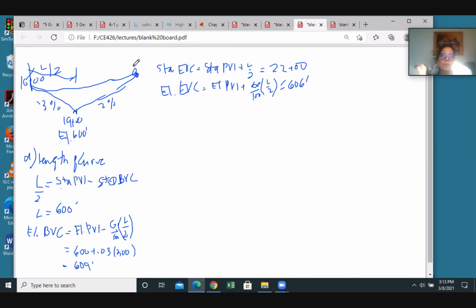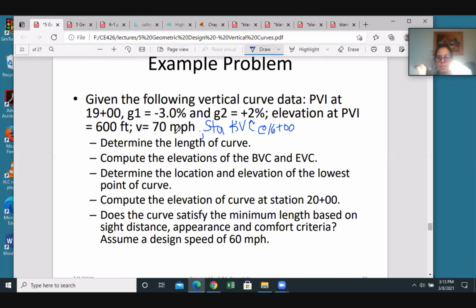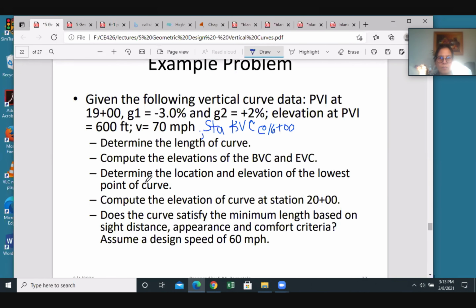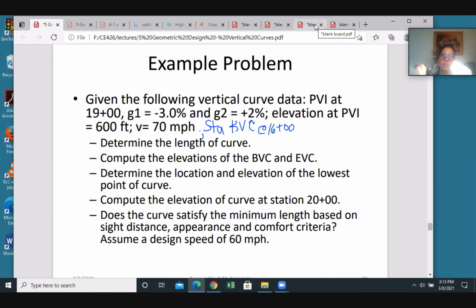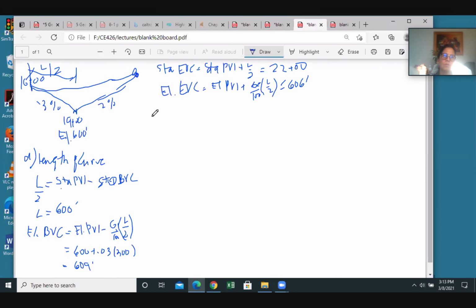So now, what is still being asked? Determine the location and elevation of the lowest point.